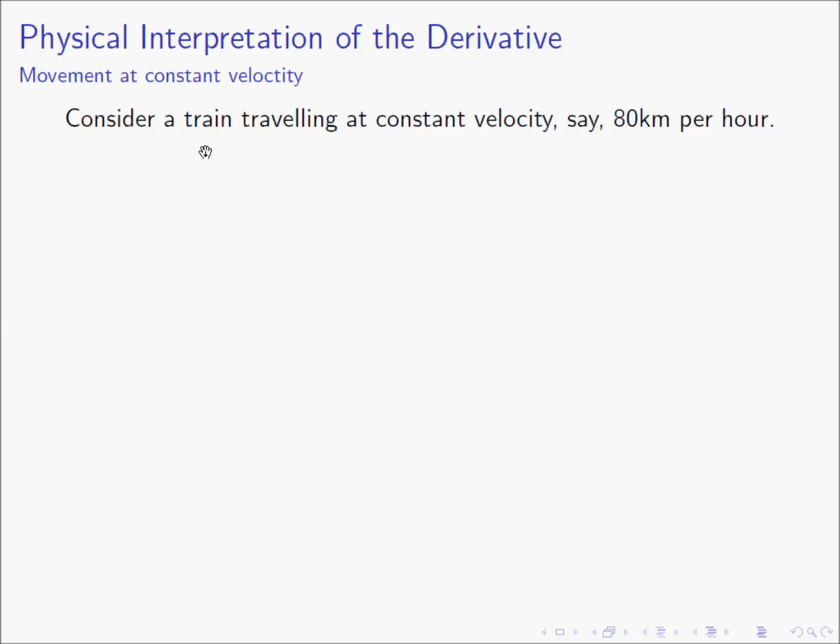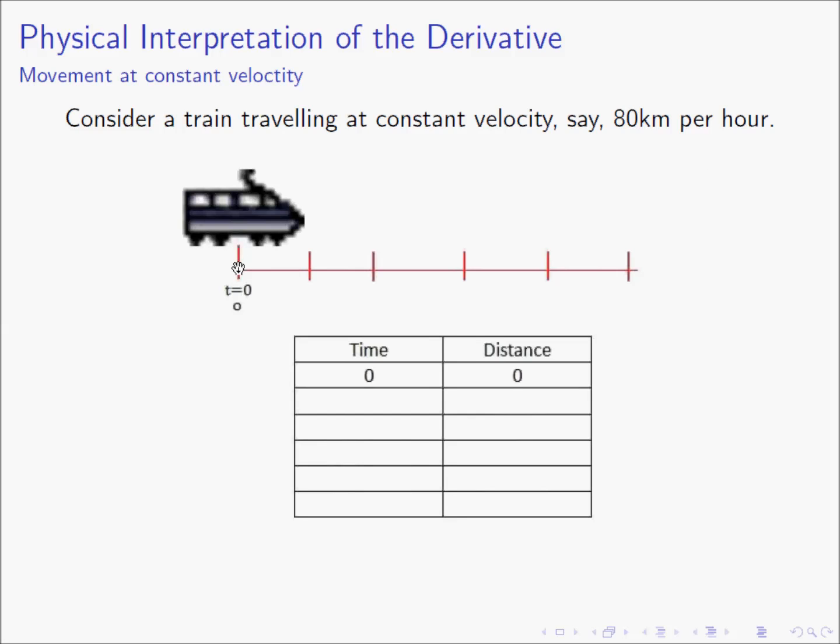We're going to consider a train traveling at constant velocity, say 80 kilometers per hour. Here we have our train, and here we have an initial time that we're going to consider 0. Here we have a final time, and here we have some intermediate times. We're going to fill this table here.